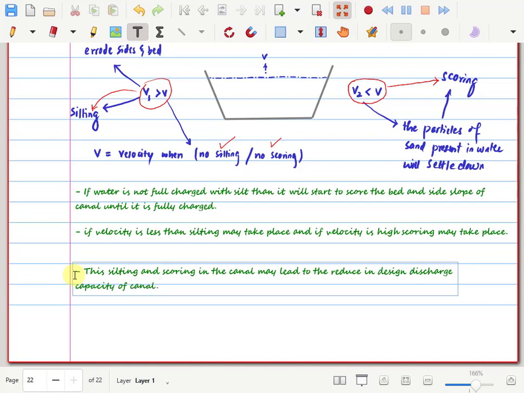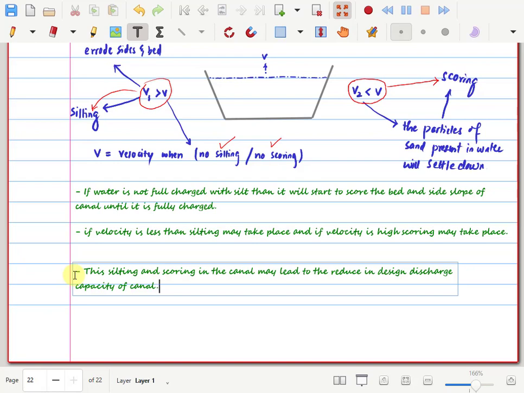Okay, we have done the numericals based on the discharge capacity of canal, right? So if there is silting and scoring in your canal, obviously it is going to reduce the quantity of your design discharge capacity. Got it?